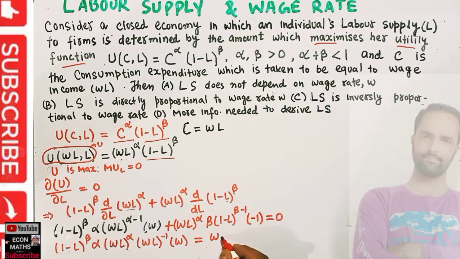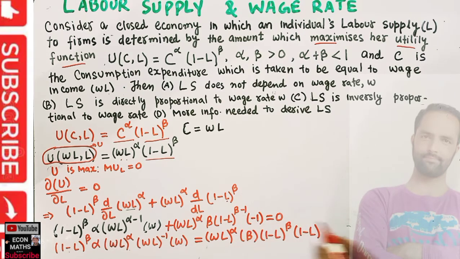So we have (WL) to the power alpha, then beta, (1 minus L) raised to the power beta minus 1, is equal to 0.